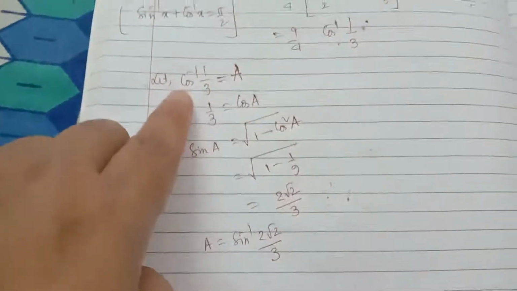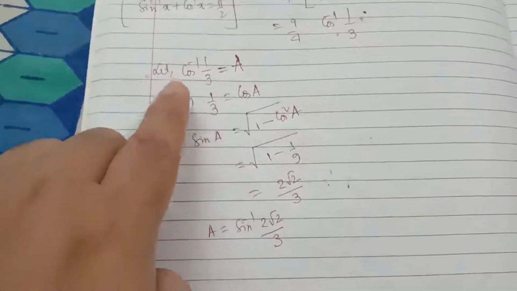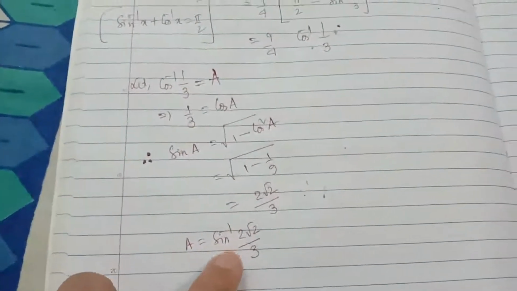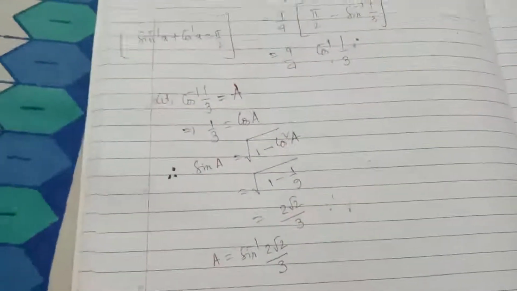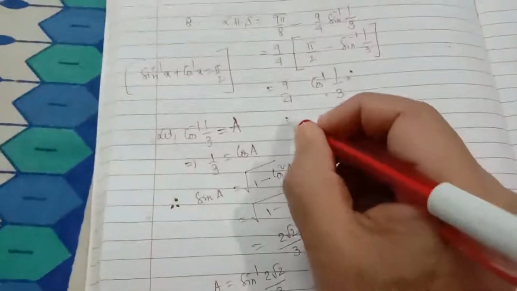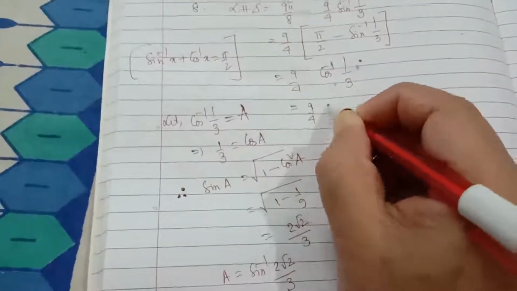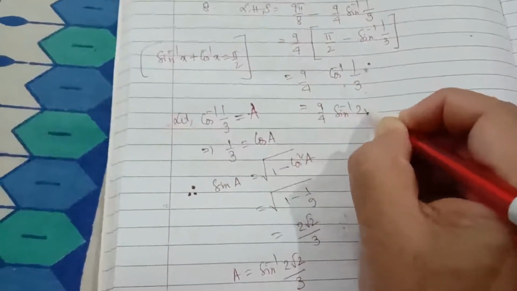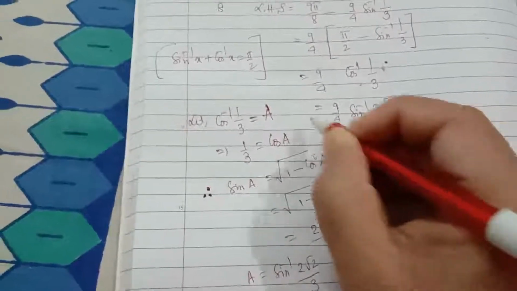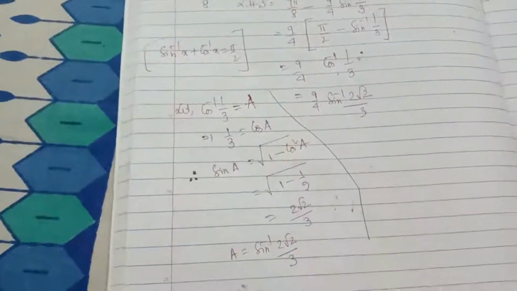So ultimately cos inverse of 1 by 3 is equal to sine inverse of 2 root 2 by 3. So it is equal to 9 by 4 sine inverse of 2 root 2 by 3. So this is the proof of question number 3.